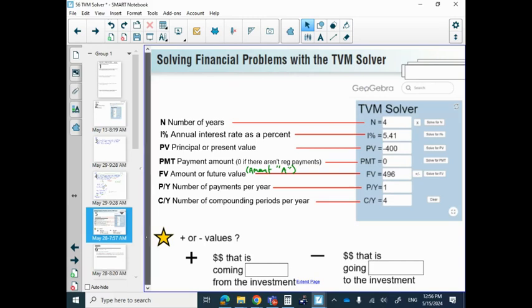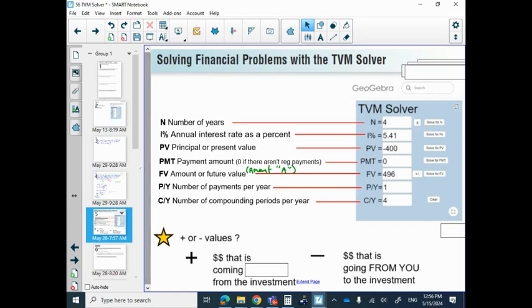So a thing to know about this program is that the value of the money matters, whether you put it in as positive or negative. If you think of the TVM Solver as a place where you're putting your money, then negatives are what you put in. If you took money out and put it into the TVM Solver, it's kind of weird, but basically you have to have a sign convention so that the computer inside can do the proper work.